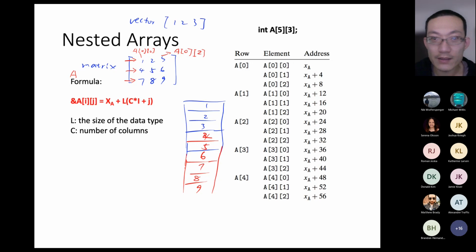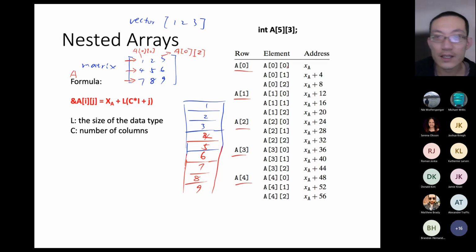To generalize, you can see what it looks like in our memory. Here is the first row, second row, third, fourth, fifth, and you can see the elements of it. We put down the first element in the first row, the second element in the first row, and the third element in the first row as well.